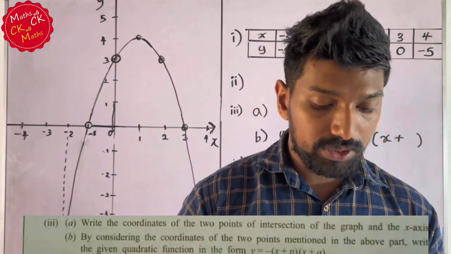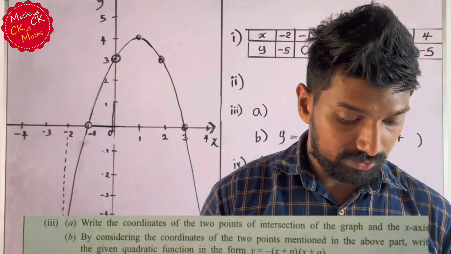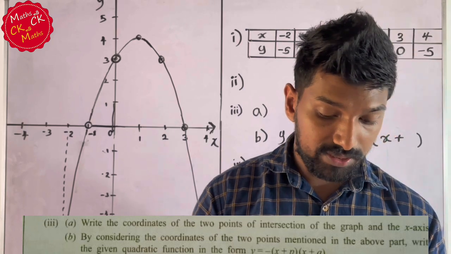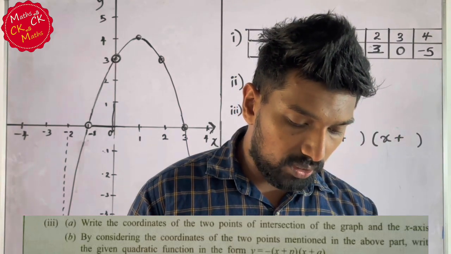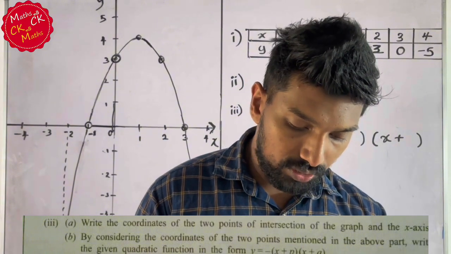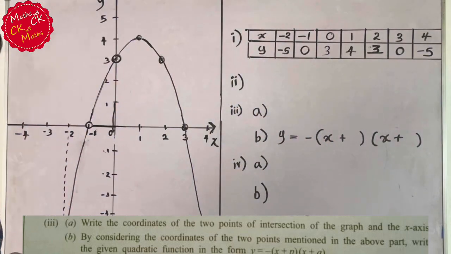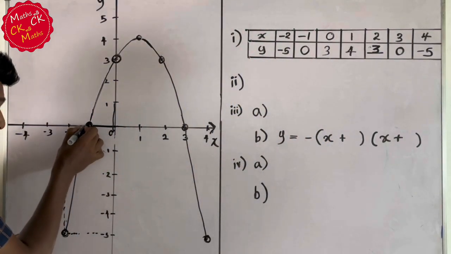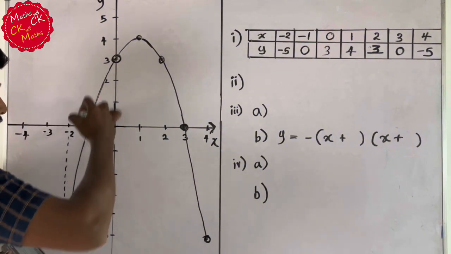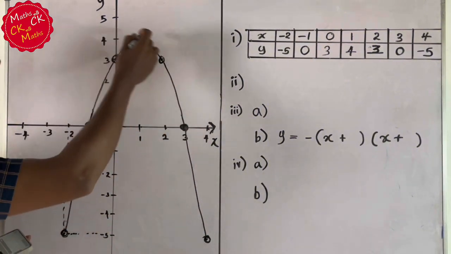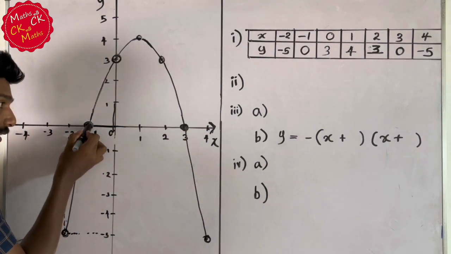Write the coordinates of the 2 points of intersection of the graph and the x-axis. The graph and the x-axis intersect at these points, right? The graph means the curve, and the intersection with the x-axis means the x-axis intersection.